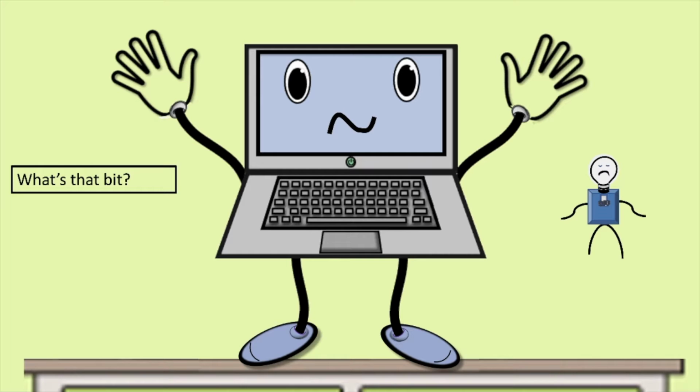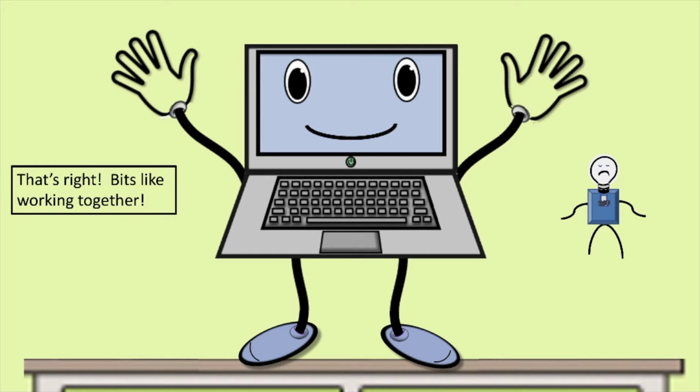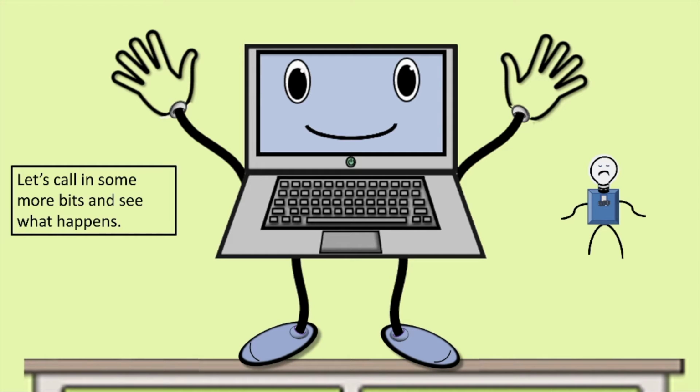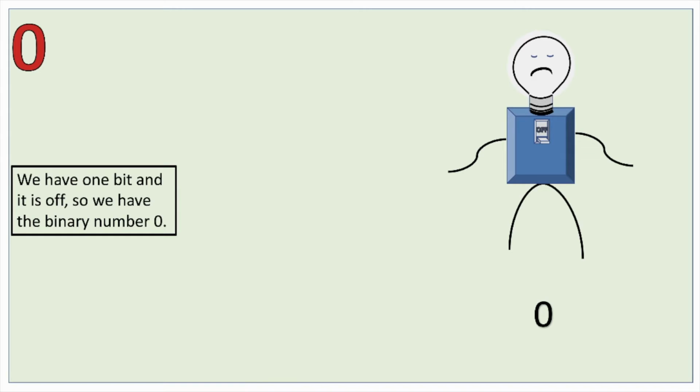What's that, bit? That's right. Bits like working together. Let's call in some more bits and see what happens. We have 1 bit and it's off, so we have the binary number 0.